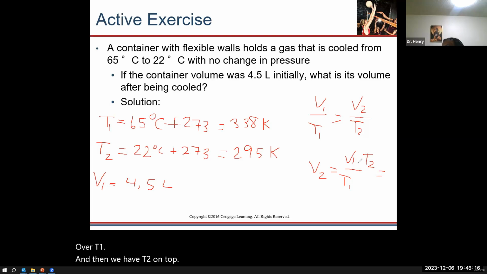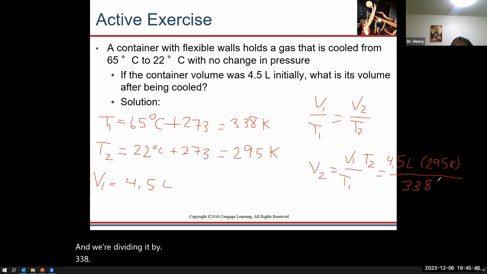So we have 4.5 liters times 295 Kelvin, and we're dividing it by 338 Kelvin.